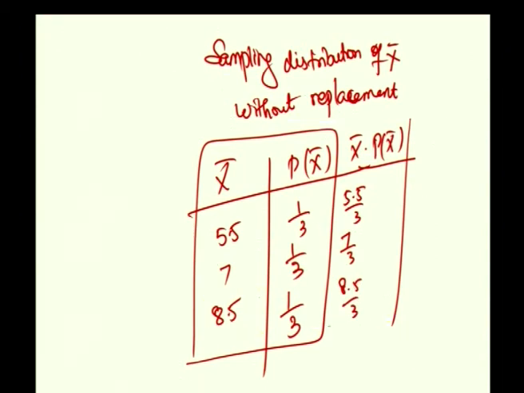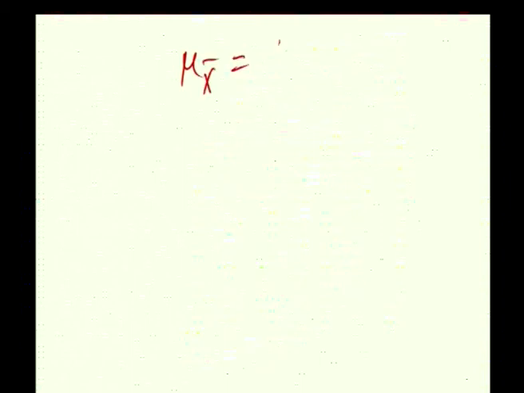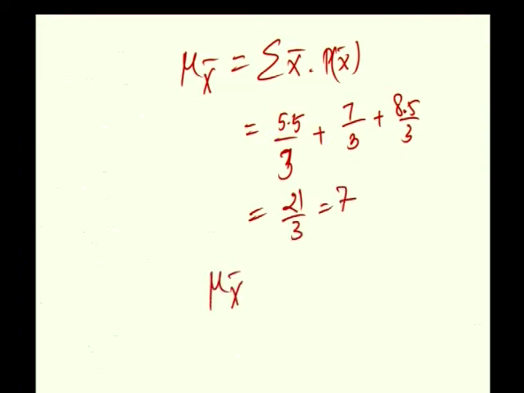The total comes to be mu x bar is equal to summation x bar into P of x bar, which is equal to 5.5 by 3 plus 7 by 3 plus 8.5 by 3, which is equal to 21 by 3 equals 7. Now, we can check mu x bar is equal to mu value, which is equal to 7.